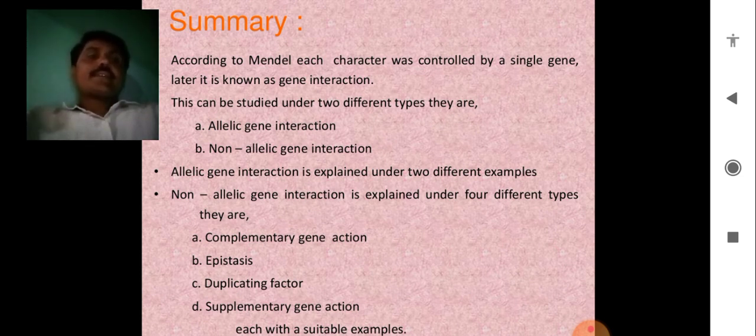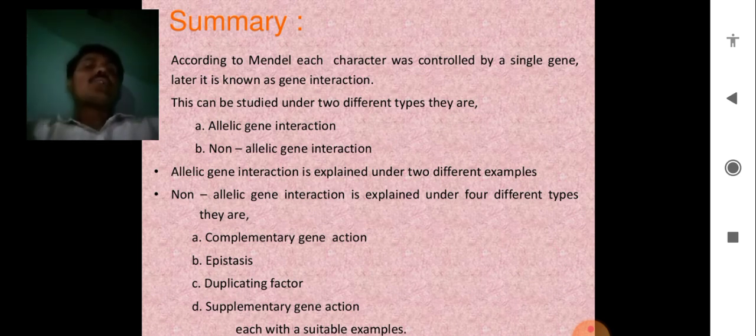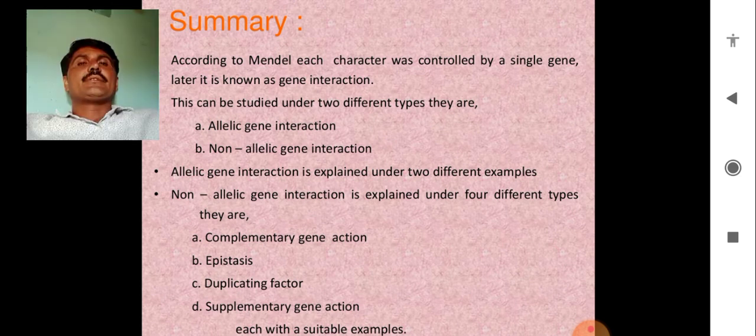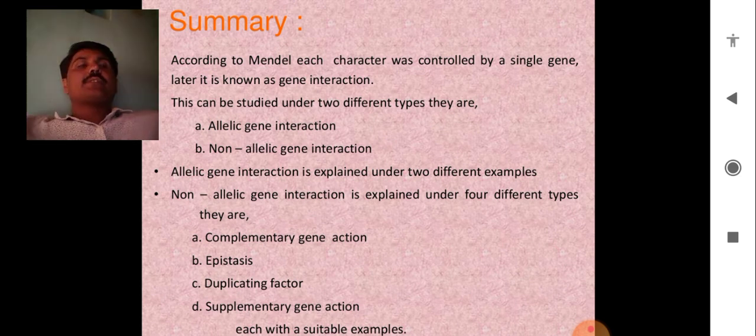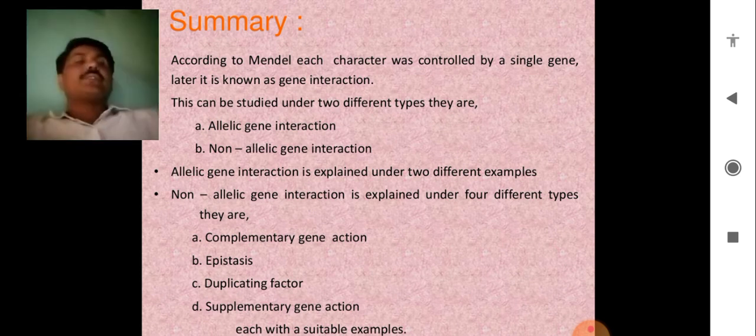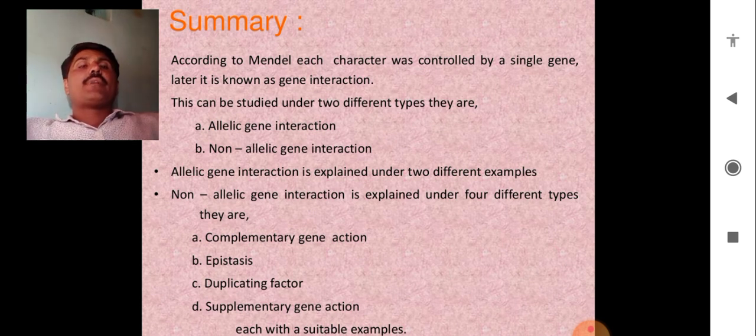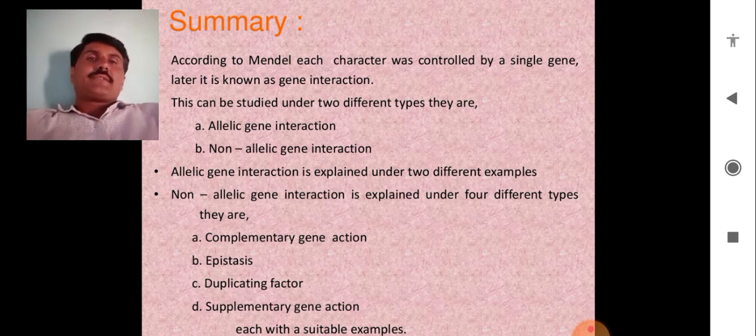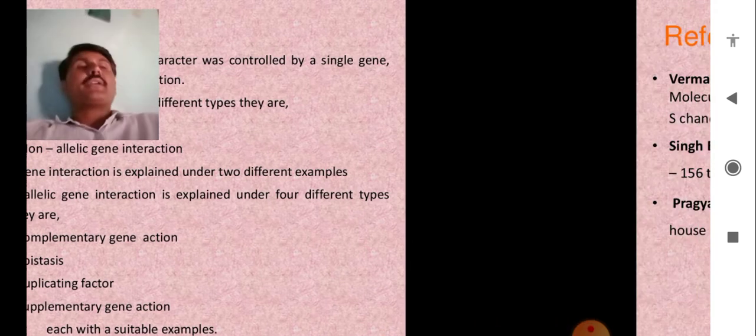This can be studied under two different types: allelic gene interaction and non-allelic gene interaction. The allelic interaction is explained under two different examples, whereas non-allelic gene interaction is explained under four different types, such as complementary gene action, epistasis, duplicating factors and supplementary gene action, each with a suitable example. So this was the summary of gene interaction.